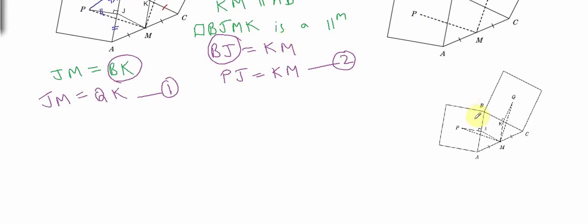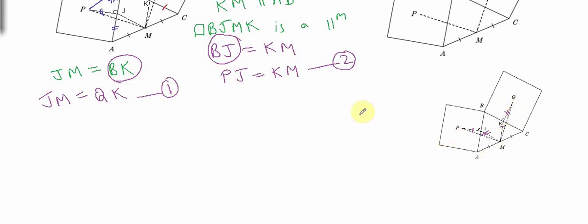We have shown PJ, which is this, equal to KM, which is this, and we have shown JM equal to QK.